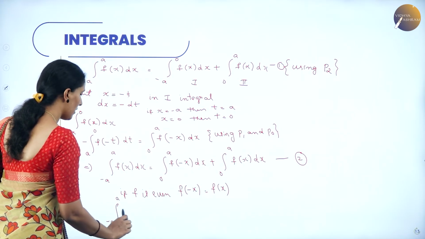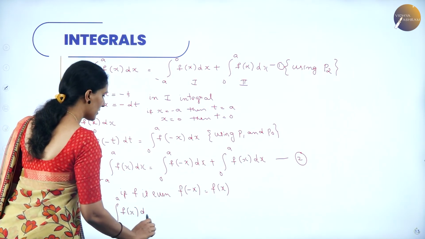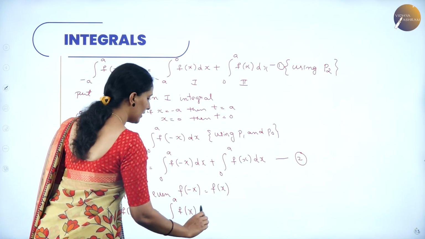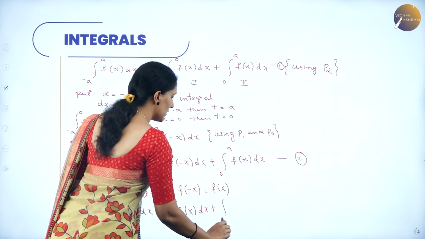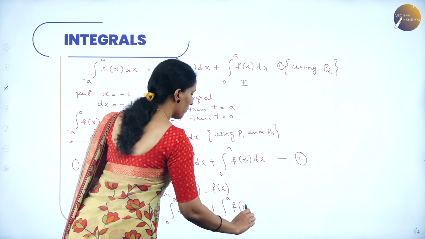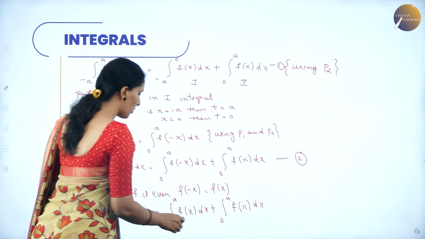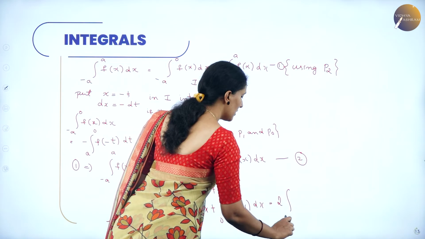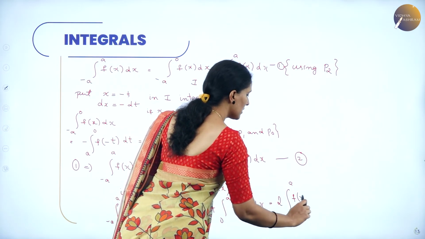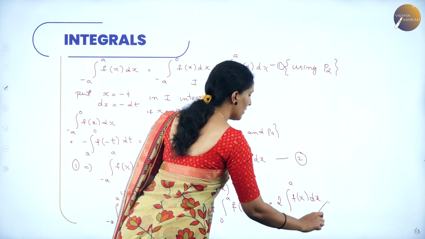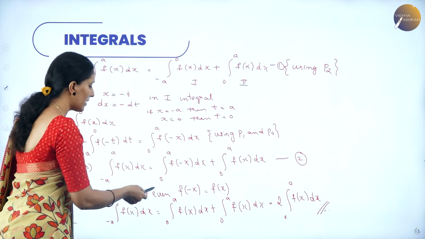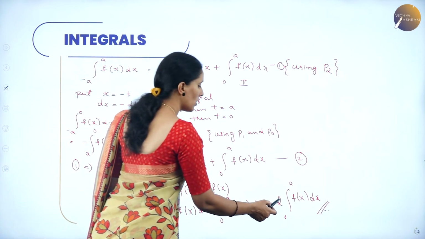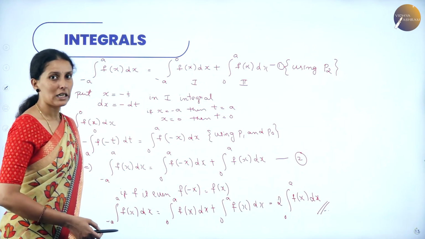Minus a to a f of x dx is equal to 0 to a f of x dx plus 0 to a f of x dx. So 0 to a f of x dx plus 0 to a f of x dx becomes 2 times 0 to a f of x dx. So this is what the first statement says. Whenever f is even, minus a to a f of x dx becomes 2 times 0 to a f of x dx.